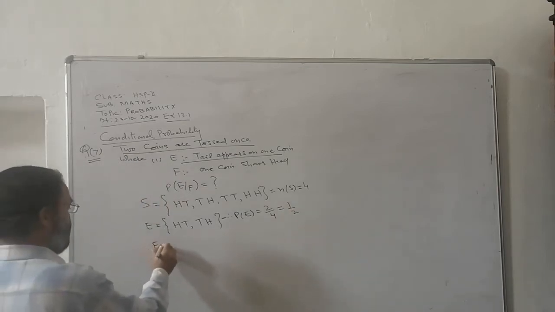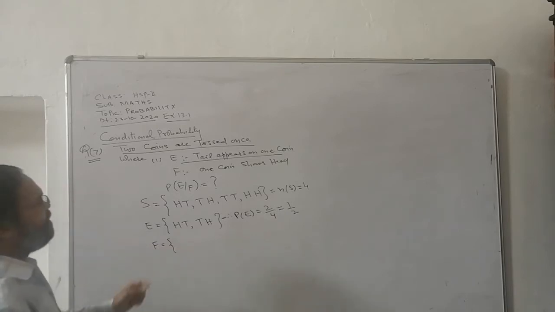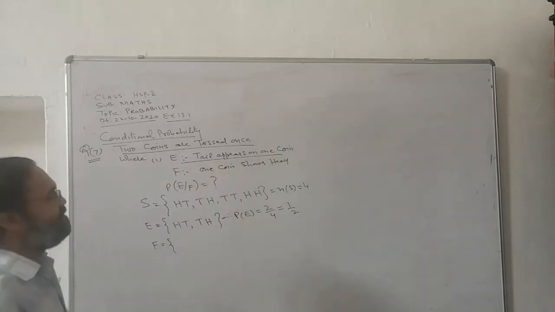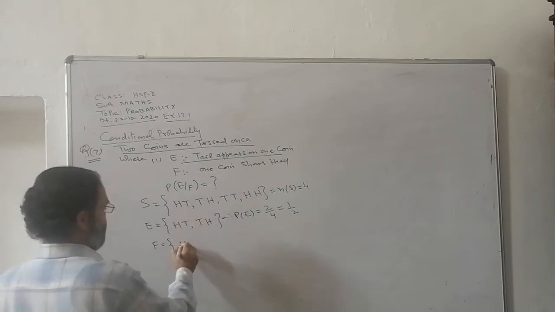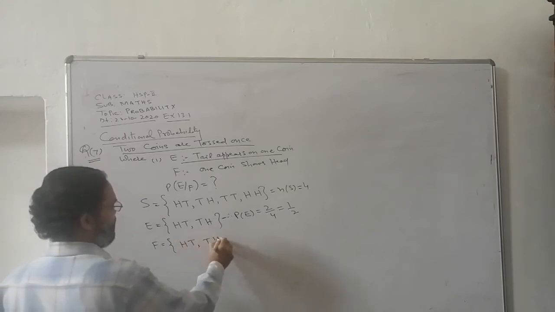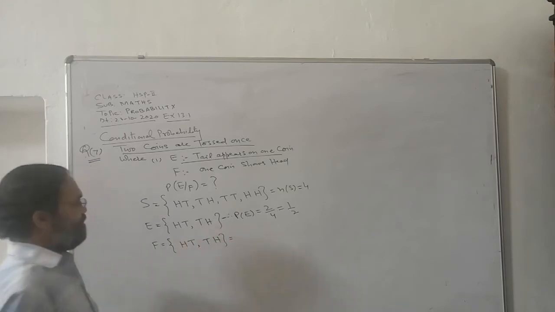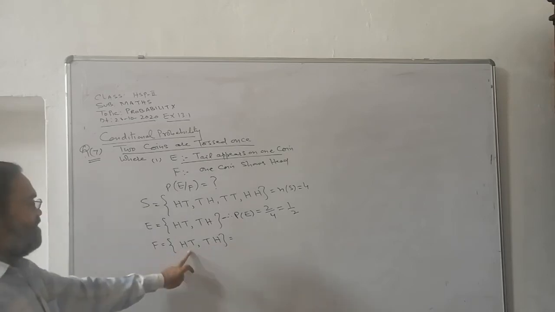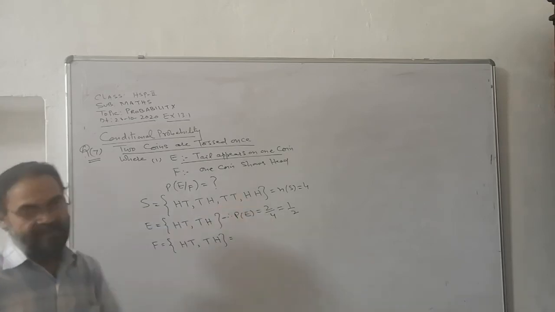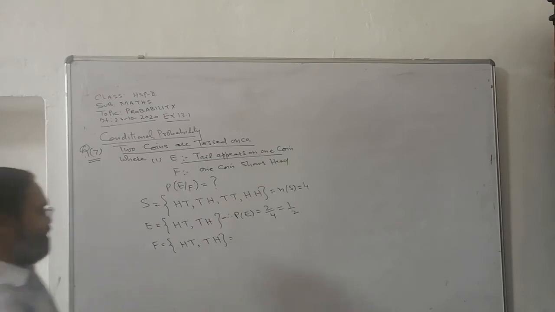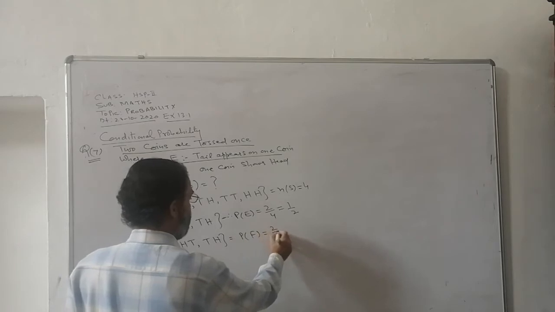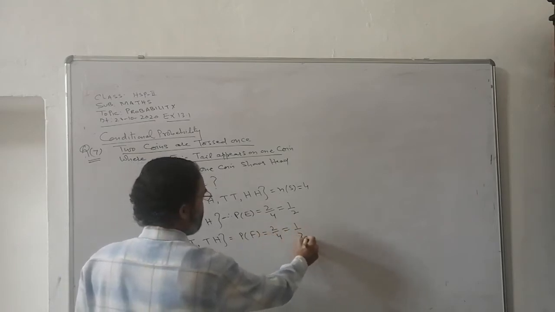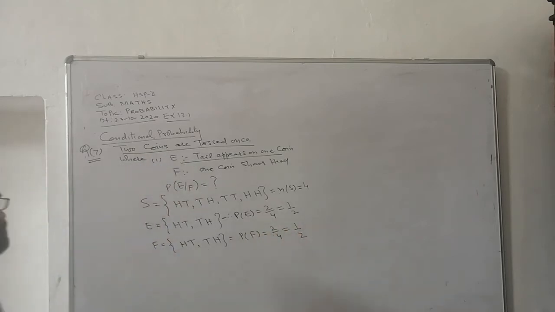Now F is another event: one coin shows head. This is a point, and this also is a point where one head is shown. The other two points cannot be included. So probability of F will be again 2 upon 4, that is 1 upon 2.